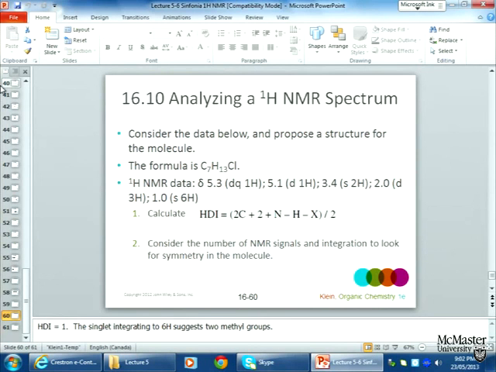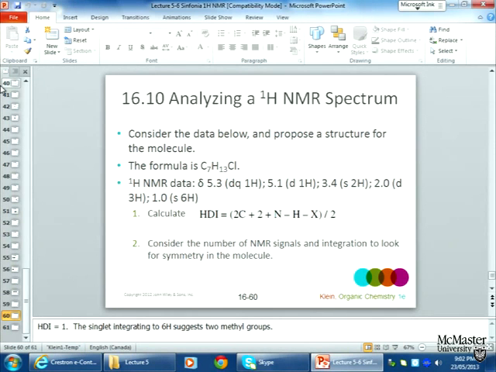Yeah? How are we doing? Everybody with us so far? This is quite a complicated one. So we've got 3 protons in the methyl group. So that now can't be the methyl group at 1.0. So that has to be the 3 proton signal at 2.0. So this is delta 2.0, and that, it tells you, is a doublet.